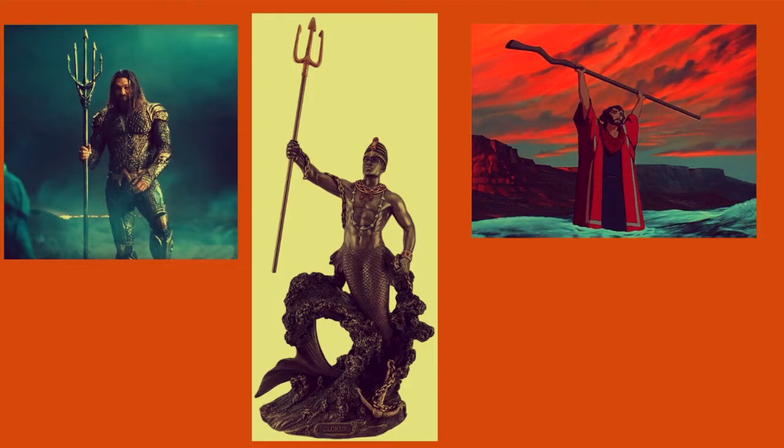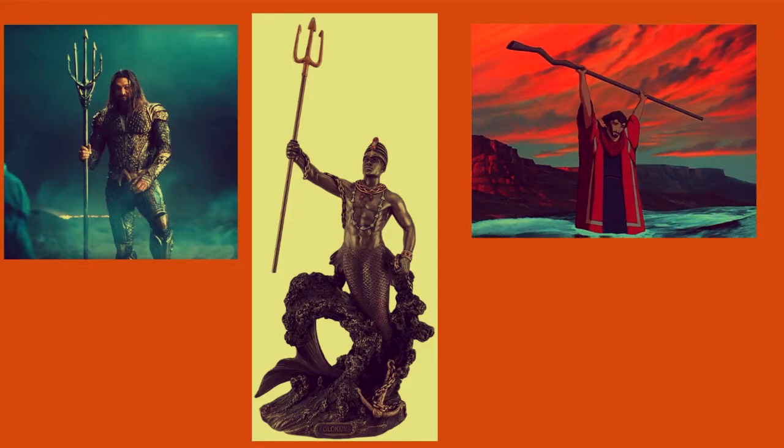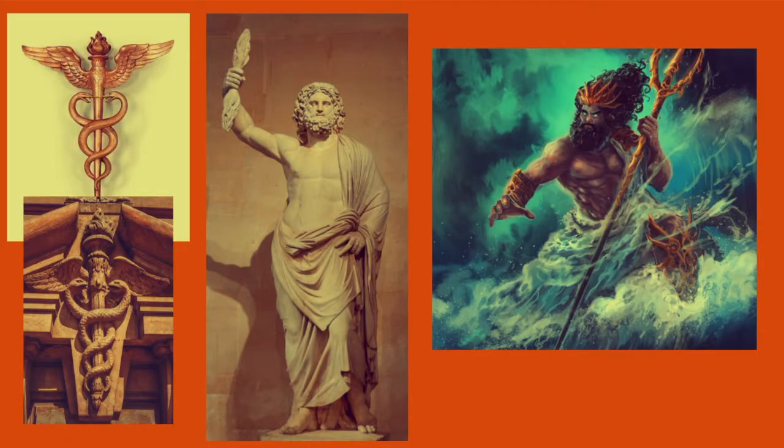Another symbol that was used by Moses is this one. You see this? This is another symbol that Moses was apparently given in the Bible. This is what the Bible says.